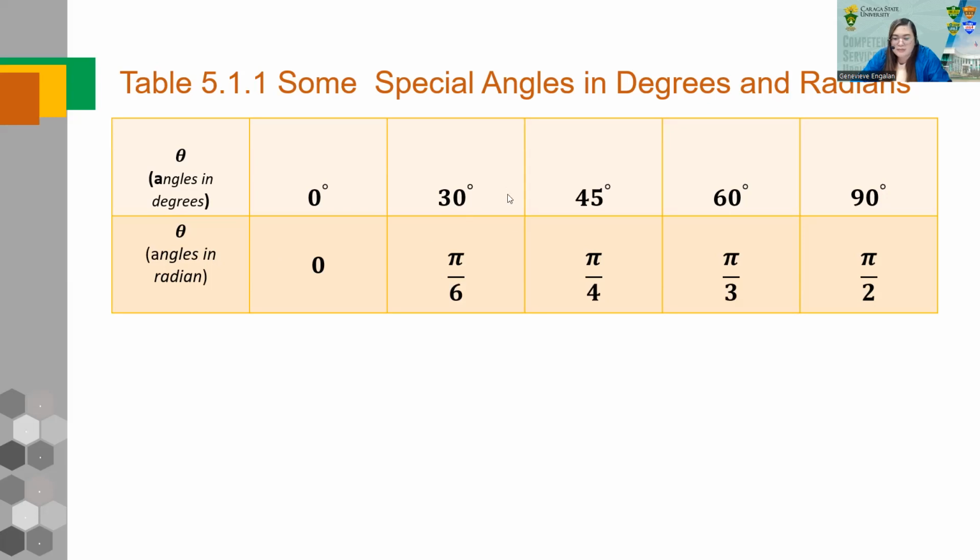So pasabot, kada 30, that's 6 iyahang denominator. So ang 30 is pi over 6. Ang 60 is 2 pi over 6 or that is pi over 3. Ang 180 pod pag i-divide nimo og 45 degrees, that is 4. So ang 45 degrees is pi over 4. So kaduhaon na nato si 45 degrees, that is 90. So that is 2 pi over 4 or that is pi over 2 in lowest terms.